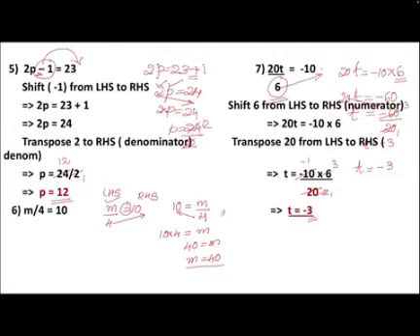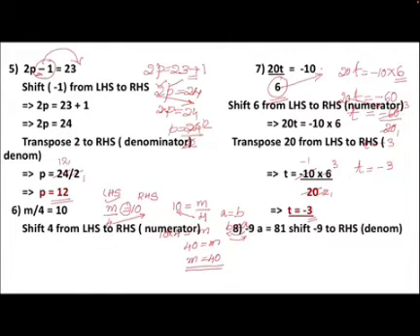Please remember children, if A equals B, B is equal to A. What have I done? Simply I have reversed them. Clear? So let's see how we have solved this. m equals 40. So shift 4 from LHS to RHS and you get the answer as m equals 40.